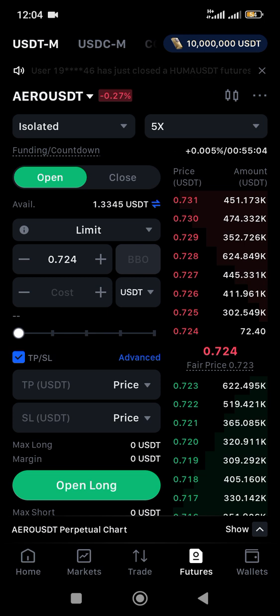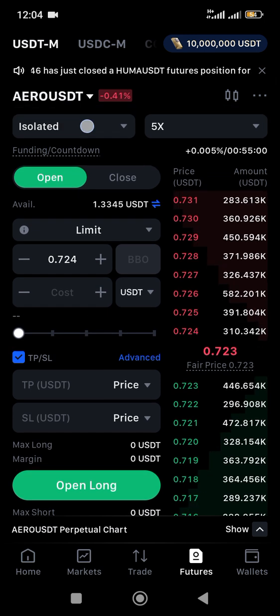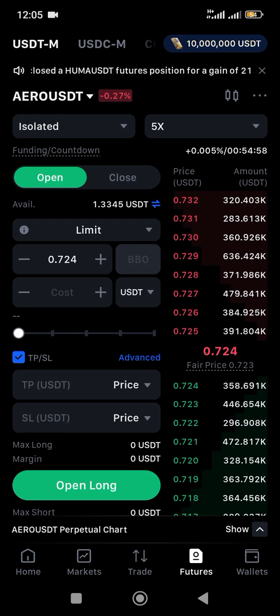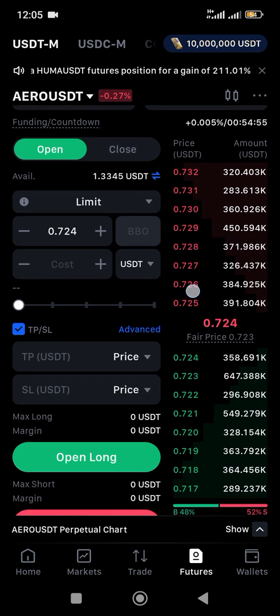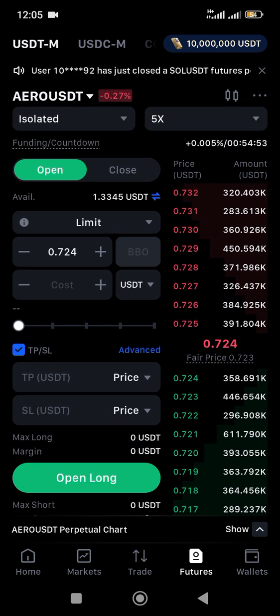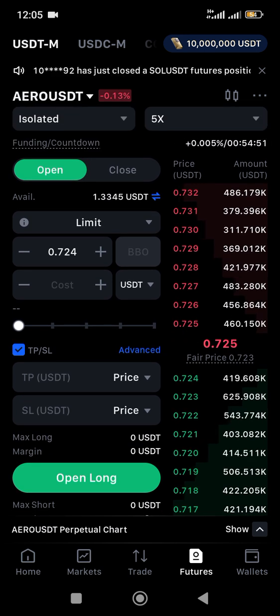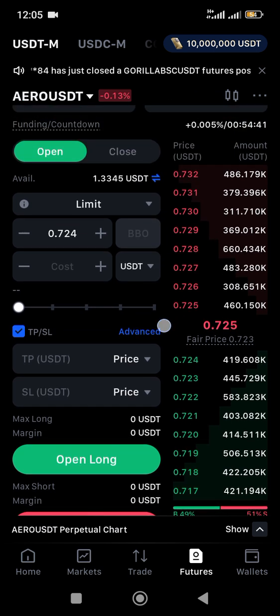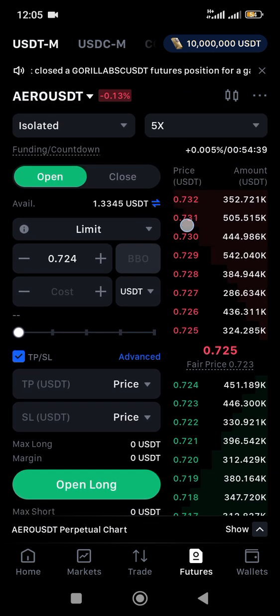You will get to understand how to use isolated and how to use cross margin, the one you need to choose for a particular type of trade you want to make, or the one that is best to use at a given time.